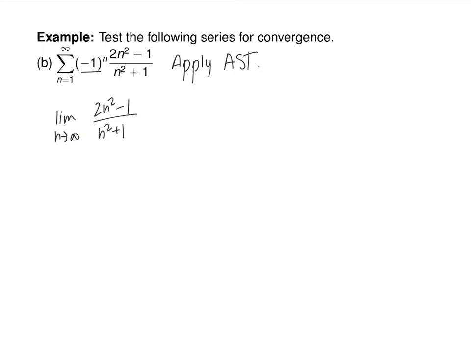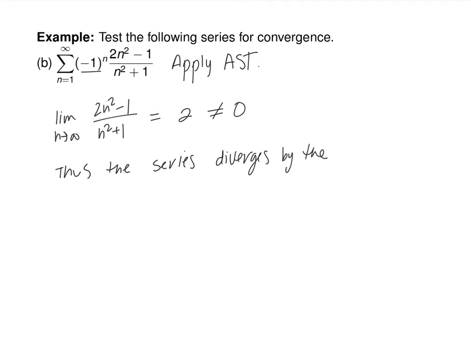If this series were to converge, this limit would need to be 0. However, it's not. It's 2, which is not equal to 0. Thus, the series diverges by the alternating series test / the test for divergence.